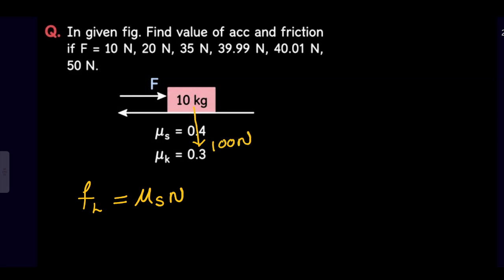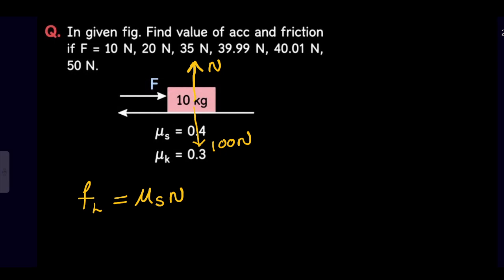Now this block will exert a certain amount of force on the floor. How much force? 100 newtons. At the same time, the floor will also offer a certain amount of force on this block in the upward direction. That is called the normal reaction.